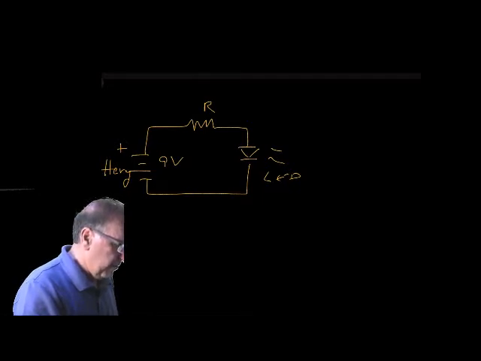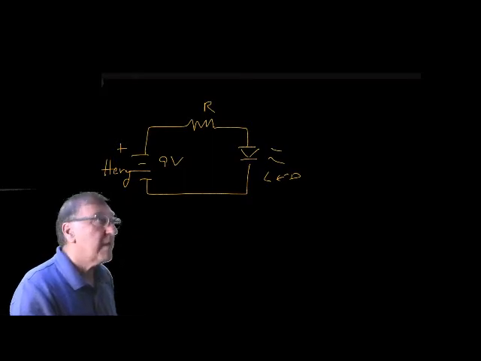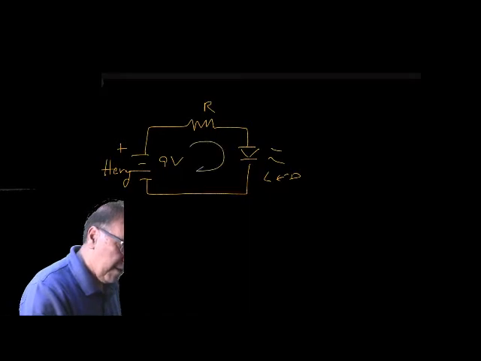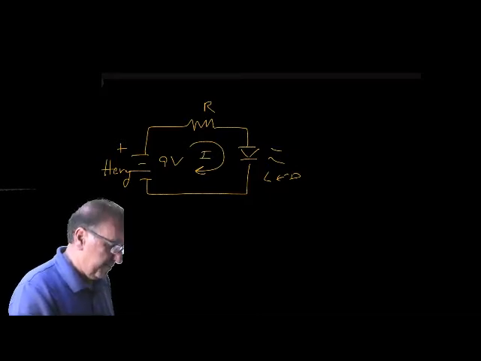So current, we'll draw the current through this circuit, which flows around the circuit from plus to minus. We'll symbolize it like this, with an I. That's the current. It flows from plus to minus.